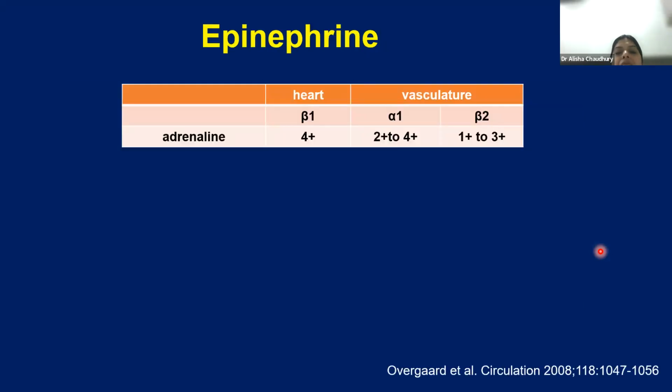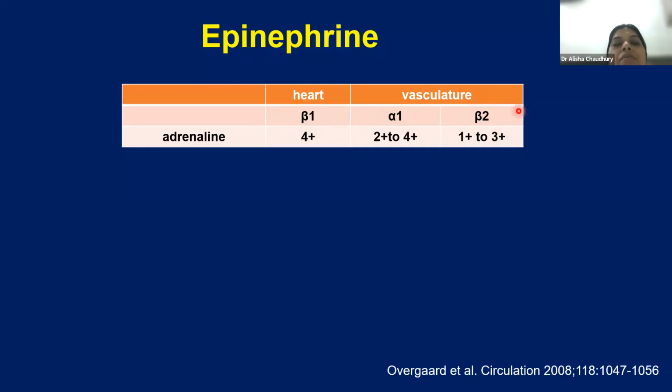Now coming to epinephrine. If you look at it, it has a very good, profound action on the beta-1 receptor. So it has good inotropic and chronotropic action. On alpha-1, it is in the mid-range, so it does cause some vasoconstriction also. And beta-2 action is minimal compared to beta-1 and alpha-1, so there is less vasodilatation.